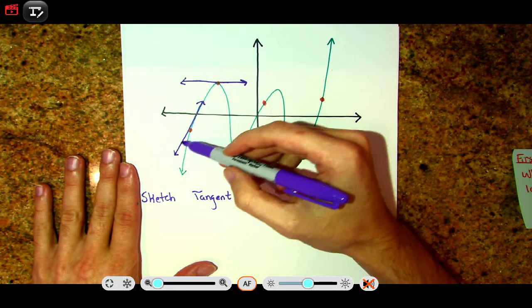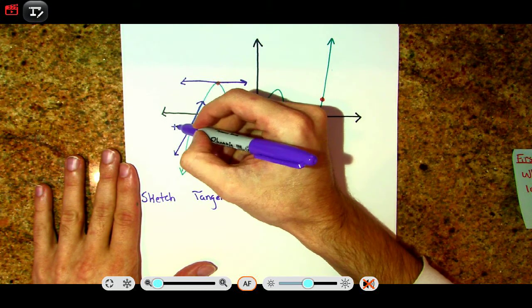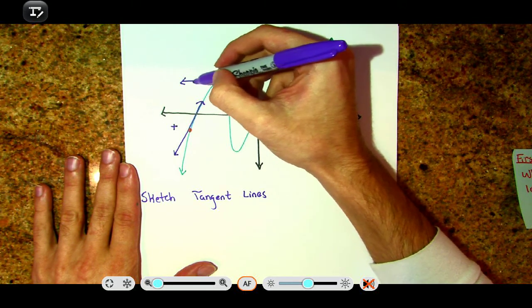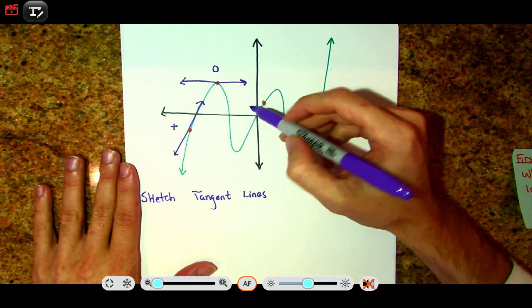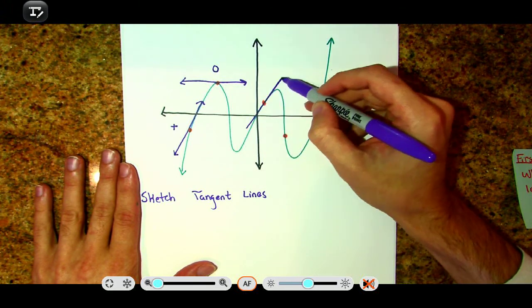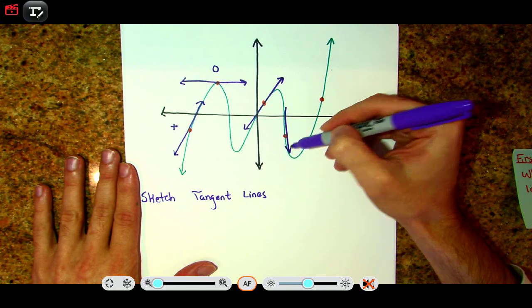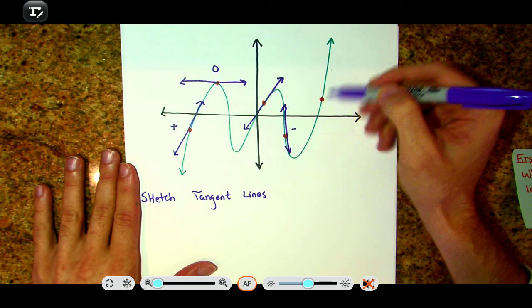Notice, this has a positive slope. What's the slope of a straight horizontal line like this? This slope is 0. This one is some positive slope. This one is some negative slope, because the graph is going down at this point. And here it's some positive slope.